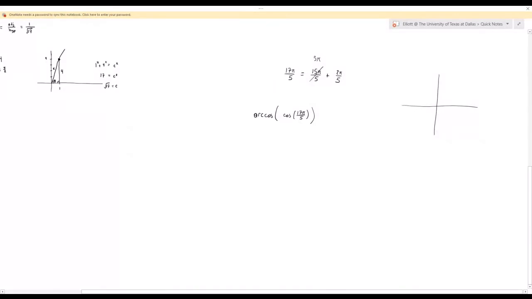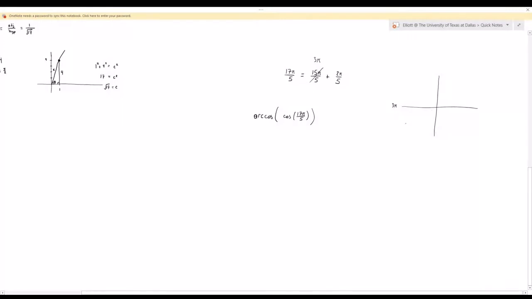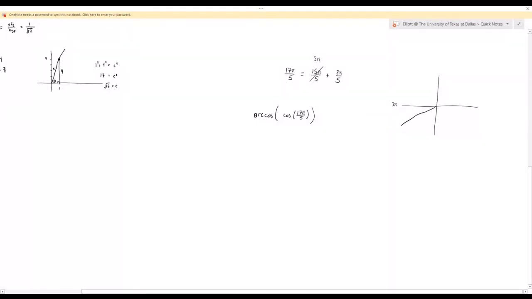I know that 3 pi is going to put me all the way out here. So we're adding 2 pi over 5 to that, so it's out a little bit more. So it'll be maybe around here or so.